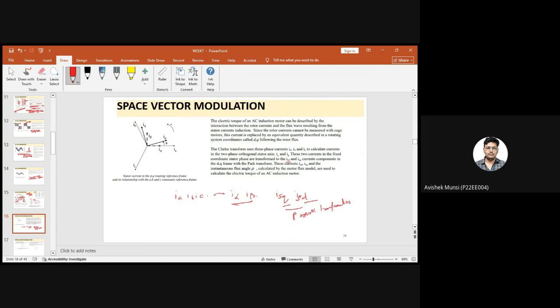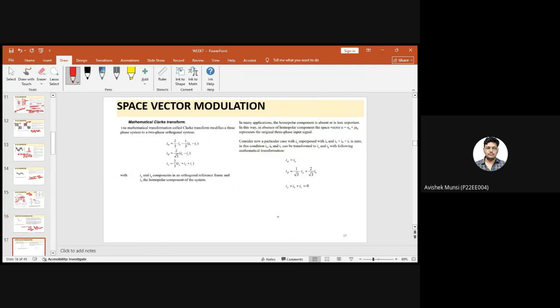I'm not going deep into the Clark and Park transformation. This is the mathematical form of the Clark transformation. It converts, as I said, a three-phase system to a two-phase orthogonal system.